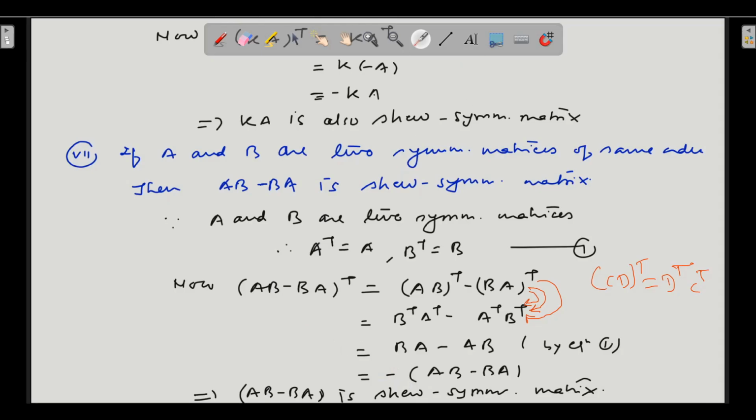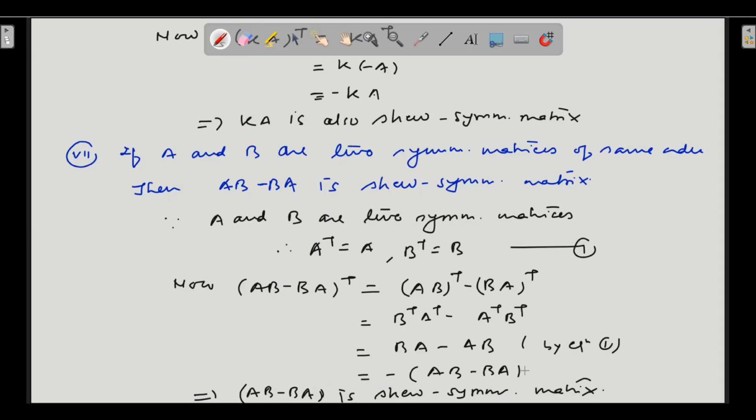Now have a look at this particular expression. This matrix transpose comes out to be equal to minus of the same matrix. It means that AB minus BA is a skew symmetric matrix. How?